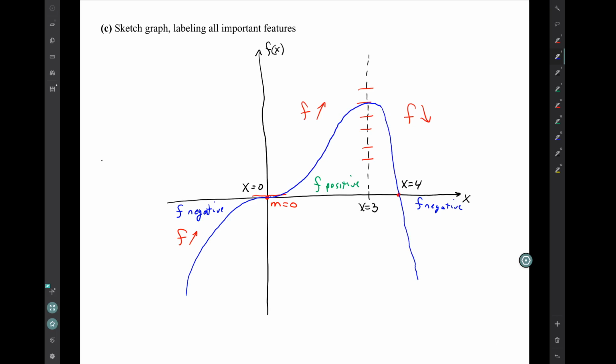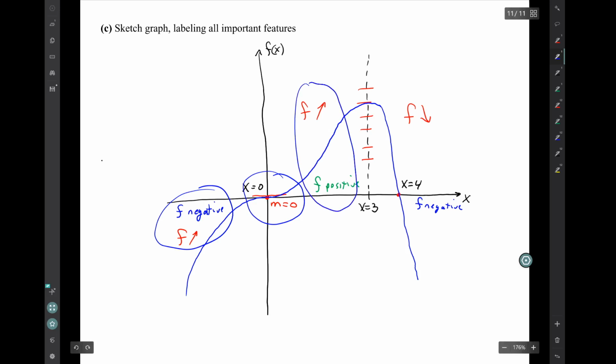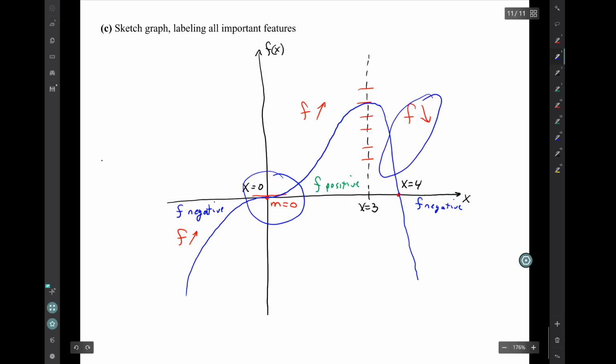So there's a graph that is negative and increasing in that interval, has a horizontal tangent and an x-intercept there, is positive and increasing on this interval, is positive and decreasing on this interval, and is negative and decreasing on this interval. That's the end of that example, and that's the end of the video.